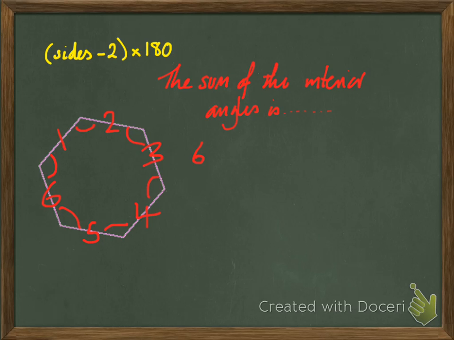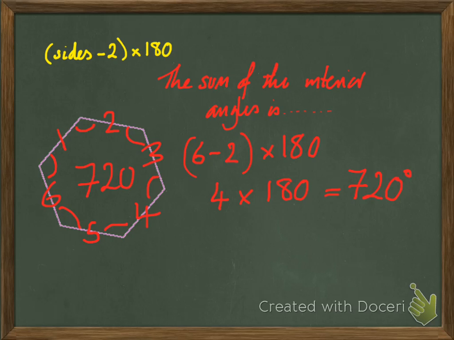So we've got 6 minus 2 times 180, which is 4 times 180, and 4 times 180 is 720 degrees. So the total of all of those angles added up together is 720 degrees.